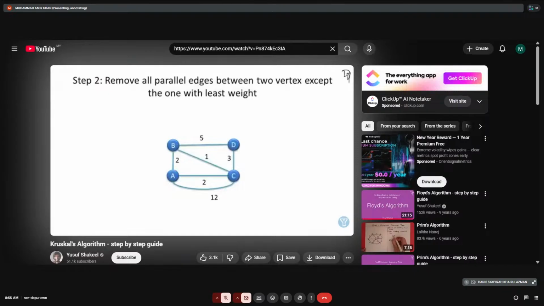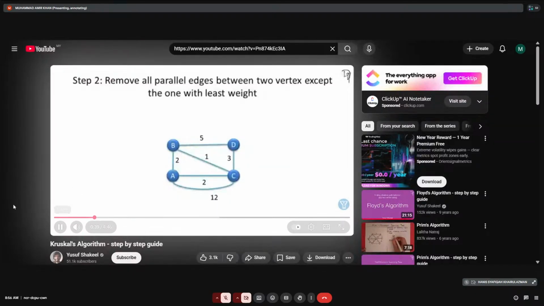Step number 2, remove all parallel edges between 2 vertices, except the one with the least weight. Least weight means having the smaller number. So how many parallel edges are here? Only one, A to C. We have two here, 2 and 12, which we call parallel edges.